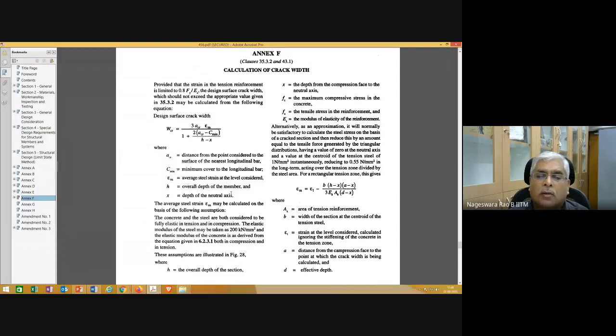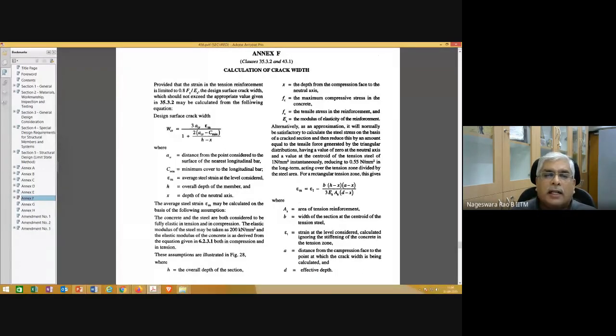You can go through that, as some additional information is given there. But as far as this course is concerned, since it's a basic course, if you understand how to make use of the procedure given in Annexure F, that is enough. So let's go through this procedure. If somebody is comfortable with this and wants more discussion, they can refer to Devdas Menon's book or other reference books which I have given in the syllabus sheet.